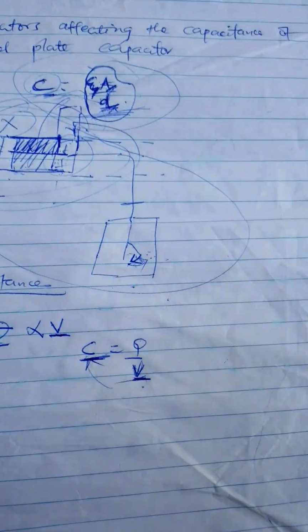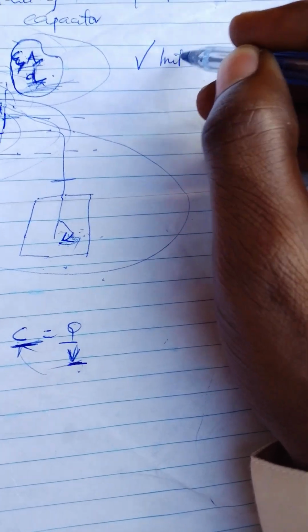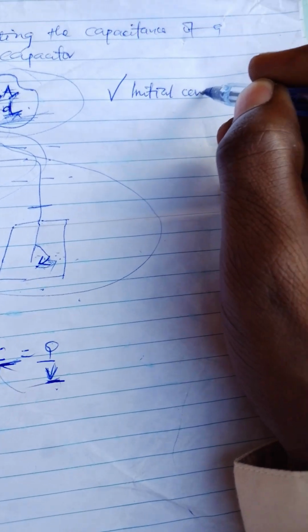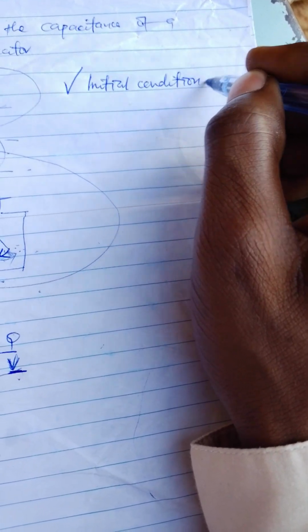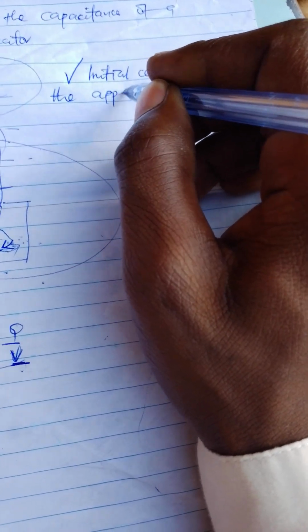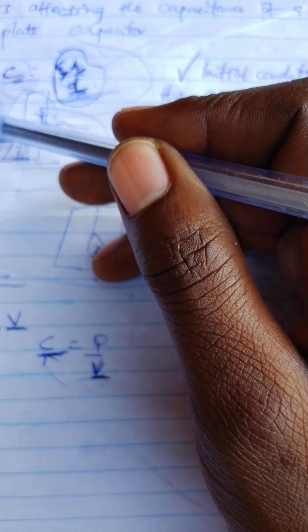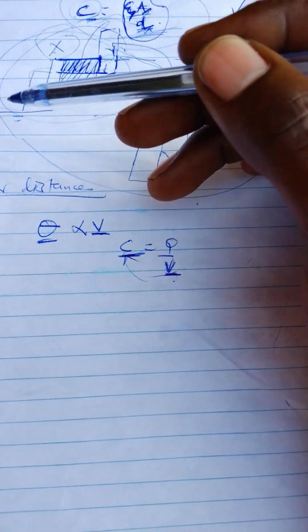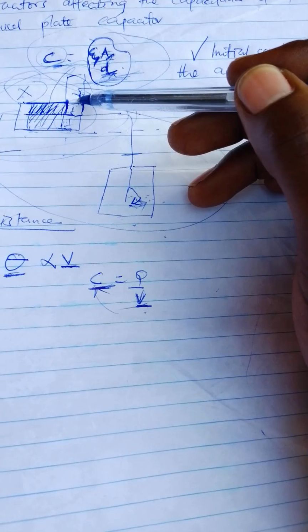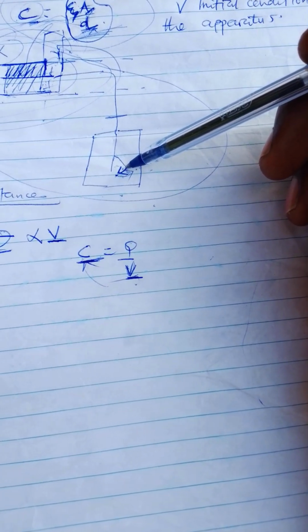Generally, when I am to explain those factors, I have to first of all mention the initial conditions of the apparatus arrangement. For example, for this case, X is made what? Neutral by earthing it. Y is made positive, connecting it to this gold leaf electroscope.